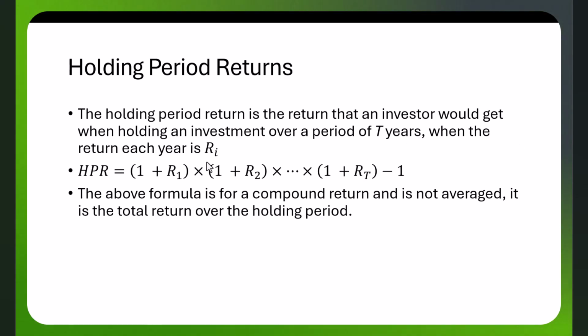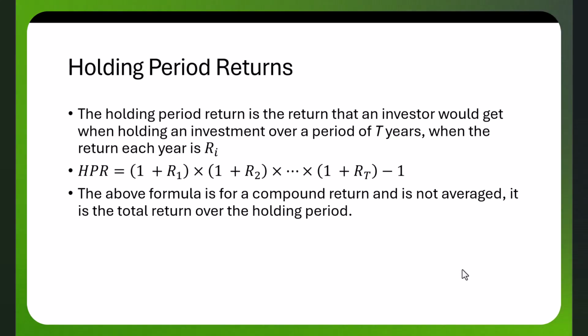So you received this return in year 1, but after 2 years, you have more in your account because you earned R1 in the first year, and then you get 1 plus R2 here, and so on for as many periods as we have. And then we subtract 1 at the end of the equation, and that accounts for the 1 that we added in to get the 1 plus R1, 1 plus R2, etc.